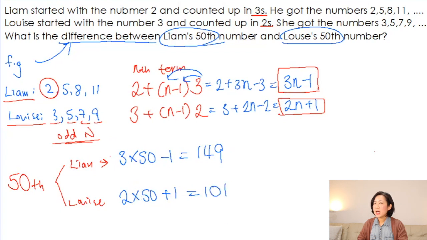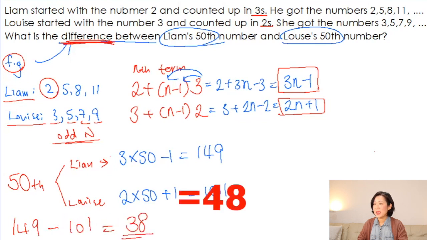Now we need to find the difference between the fiftieth numbers. So 149 take away 101, and the difference is, it's not 38, it's 48. This is my mistake. So the answer is 48.